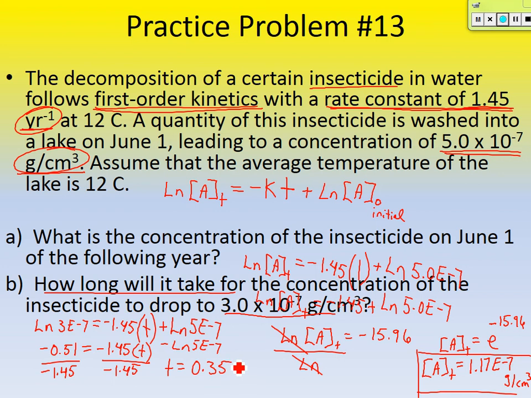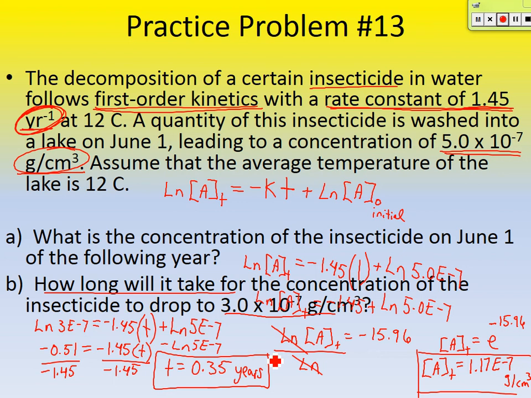What are the units for t in this problem? Yeah, the rate constant was measuring per year. So that's 0.35 years, or just over 1/3 of a year. It will be at that concentration.